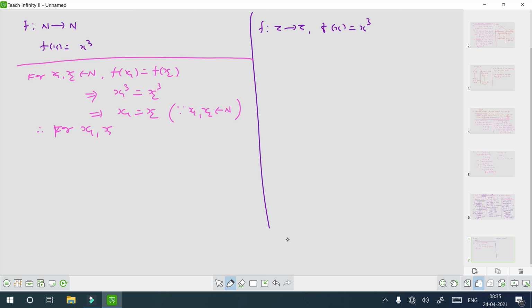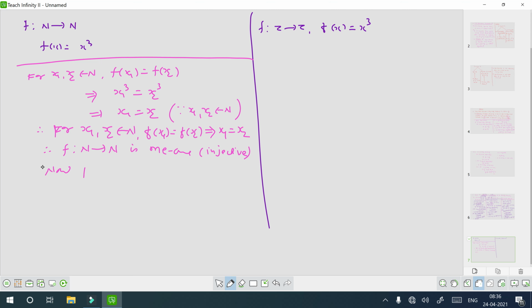For x1, x2 belongs to N, f of x1 is equal to f of x2 implies x1 is equal to x2, and therefore f from N to N is 1-1 or injective. Clear?